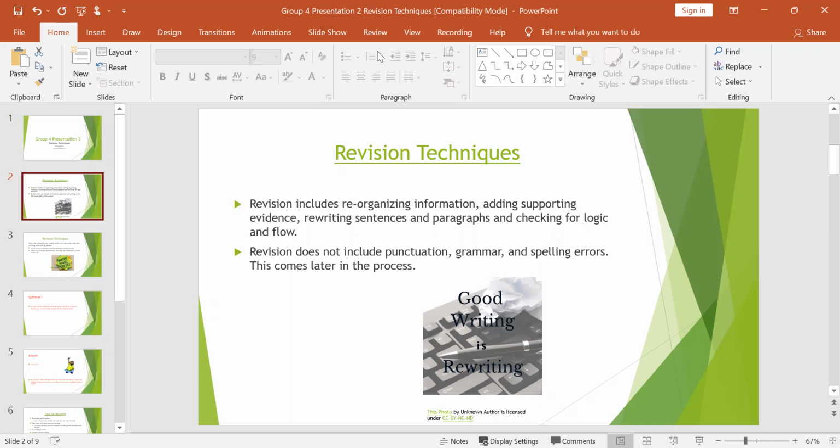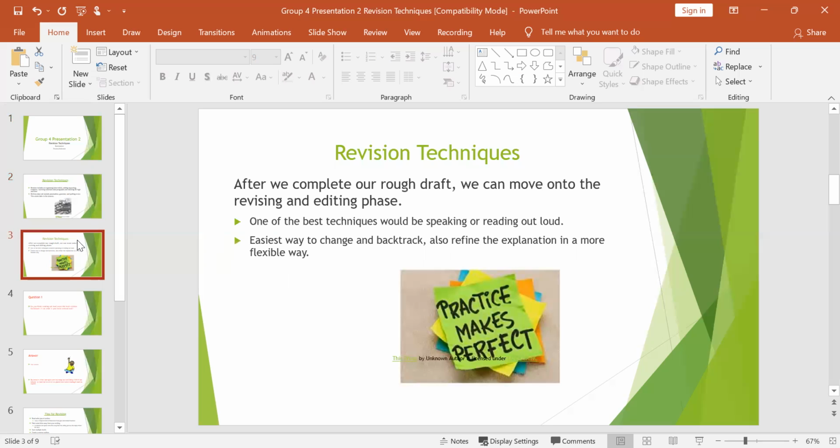You want it to make sense when someone else is reading it. And as we should know by now, revision does not include punctuation, grammar, or spelling errors. This comes later in the process of editing your essay.